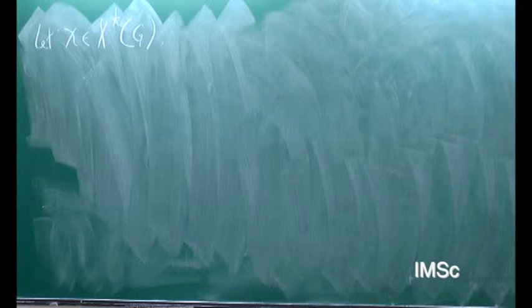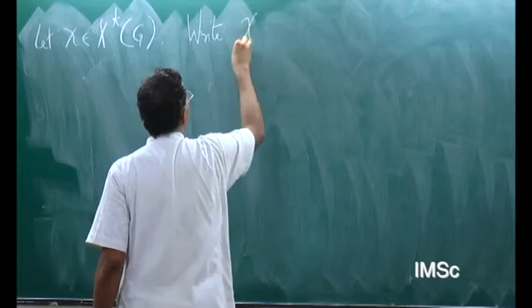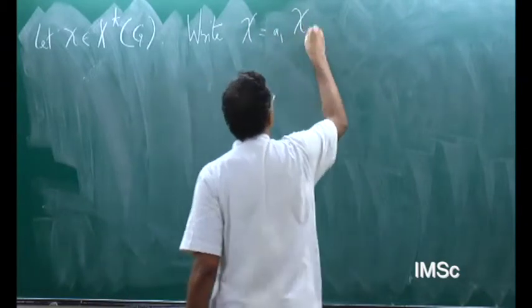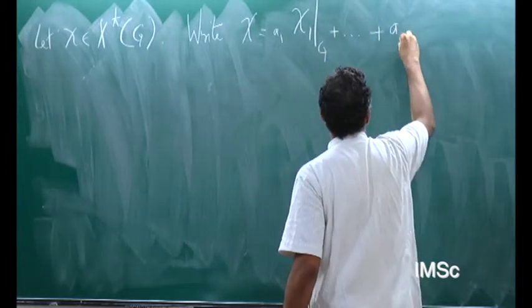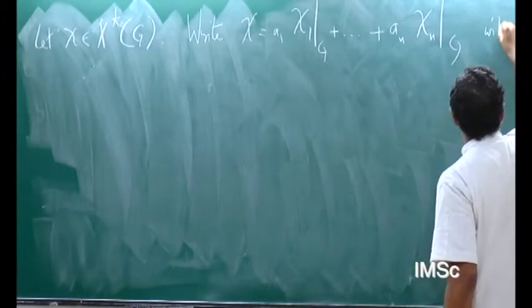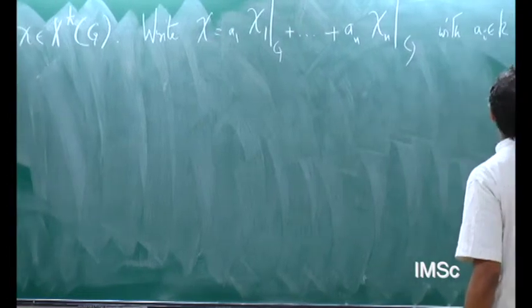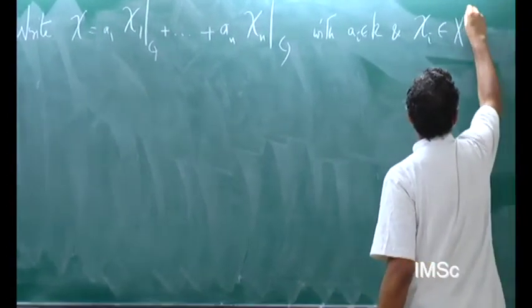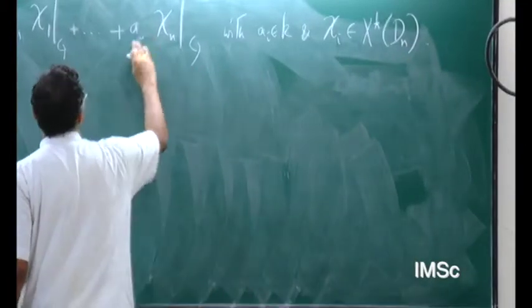So this chi is in particular a function, and therefore it can be written as chi equals A1 chi 1 restricted to G plus An chi n restricted to G, with Ai in K and chi I in X star of Dn, or maybe not n but some other S.